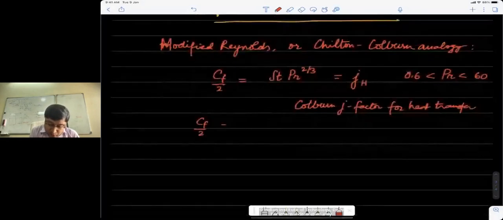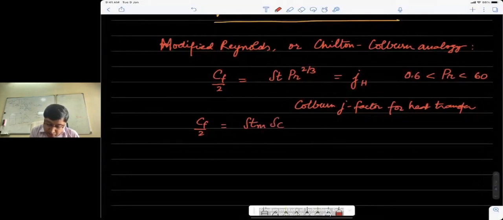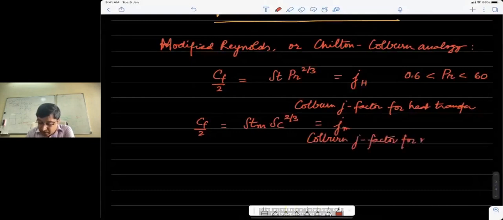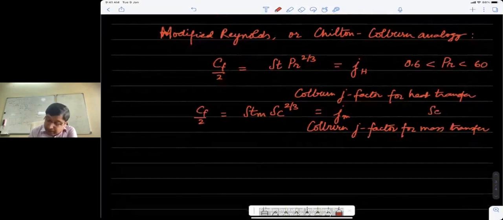And for the mass transfer problem, they did a similar thing. They said Cf by 2 could be written as the mass transfer Stanton number times Schmidt to the power 2/3, which was called Jm, the J factor for mass transfer, and which is applicable for Schmidt numbers with a slightly bigger range now, 0.6 to 3000.